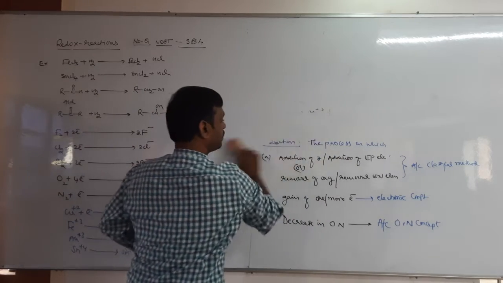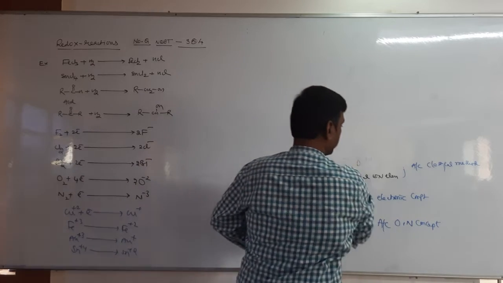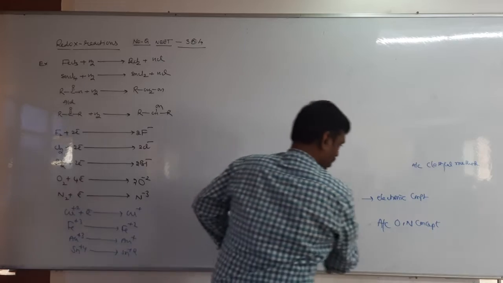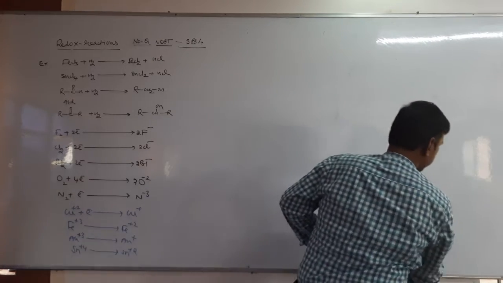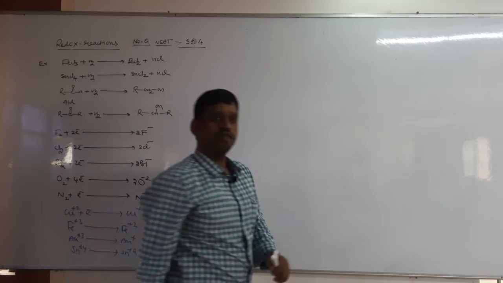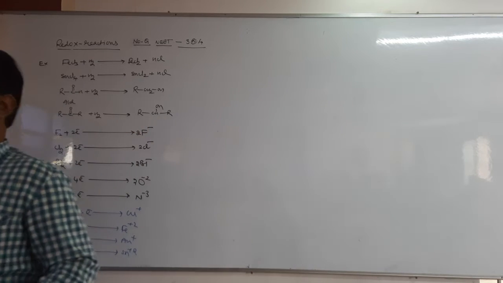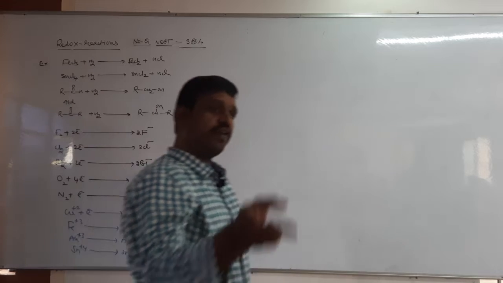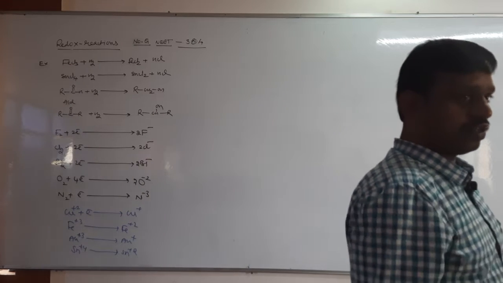Did you get clarity? What is oxidation and what is reduction? Okay, then what is the importance of oxidation reduction? See, the first important thing is, from the oxidation reduction we can identify the oxidizing agent and reducing agent. Suppose a chemical reaction is a redox reaction.